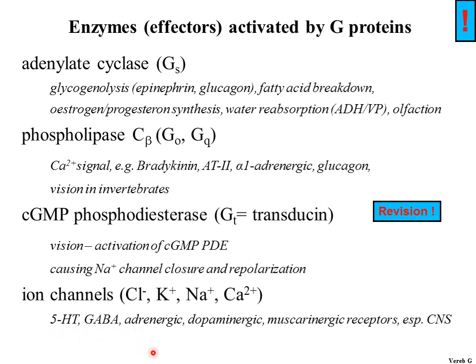Of course, there could be adrenergic receptors, especially alpha adrenergic receptors, but also beta, dopaminergic receptors, and the muscarinic receptors that we already discussed in the heart are also available in the central nervous system.